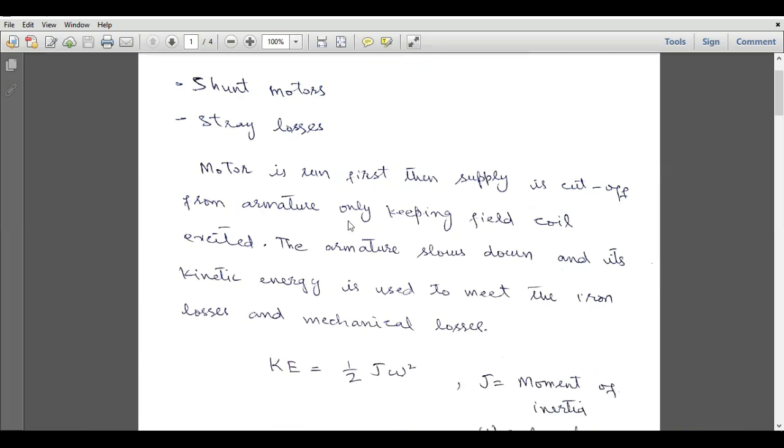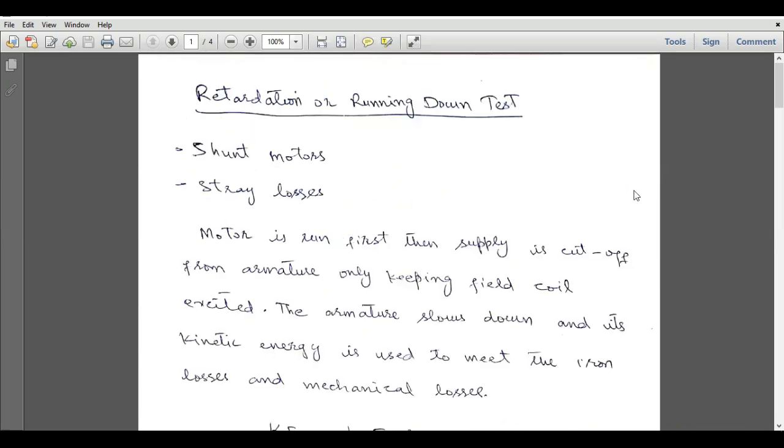So in this test, first we will run the motor and then we will just cut off the supply of the armature. Then due to inertia, the armature will keep on rotating, but its speed will start decreasing, right?